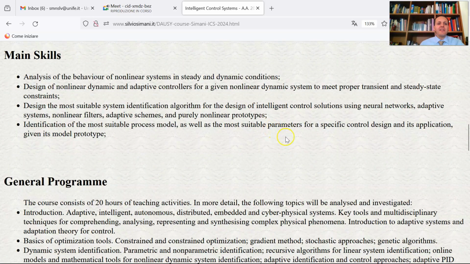So also the main skills, that is something that perhaps you will not really acquire in this course, because perhaps you need more practice for designing.